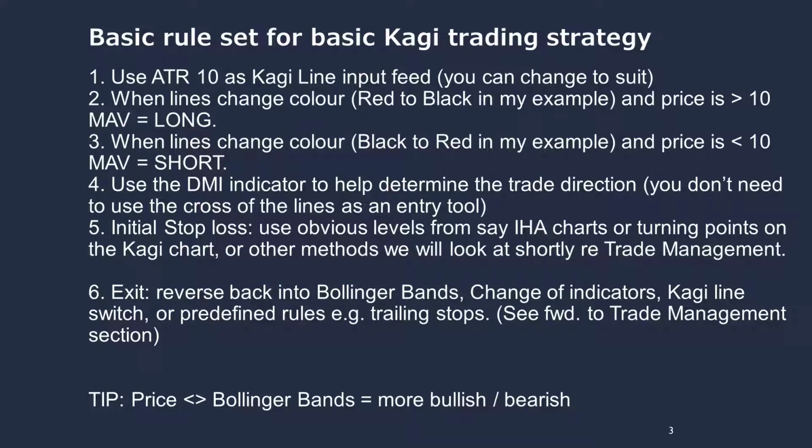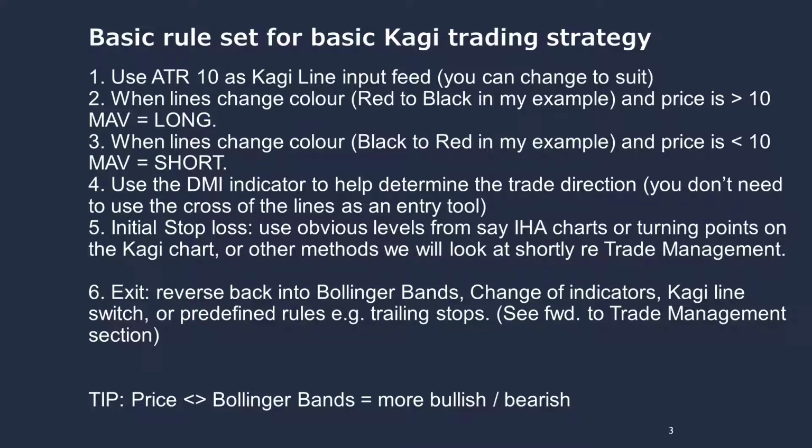How are we going to get out of the trade? Well, when it reverses back into Bollinger Bands, an indicator changes, for example DMI switches trend direction, or the moving averages cross, for example, or the Kagi line switches from red to black or black to red, or as again we'll see in the trade management section, you might want to use something like trailing stops to trail up behind the Kagi line, or we might want to use some of those price patterns that we've looked at in section 2.